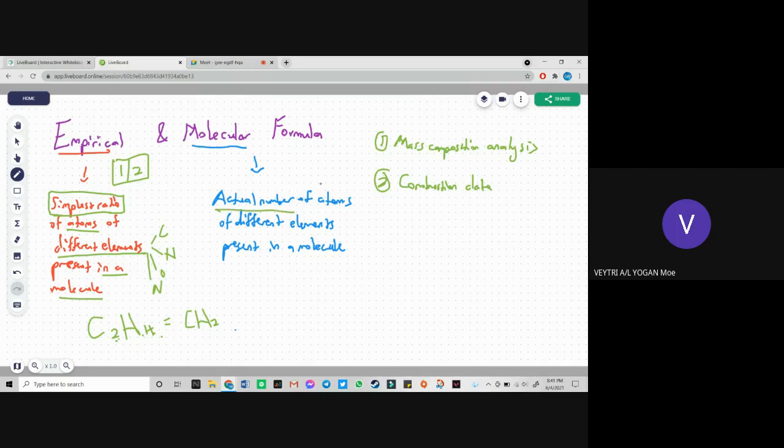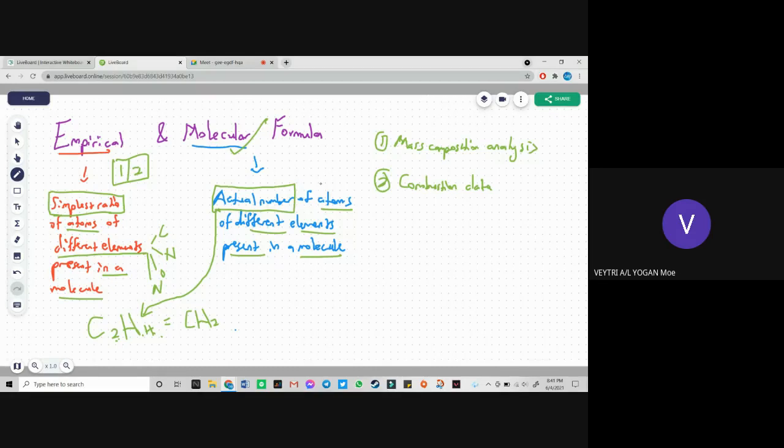Molecular formula is the actual number of atoms of different elements present in a molecule, which literally means in a molecule, no matter how many different types of elements, no matter how big the number is, you have to maintain it. Now, in this case, the molecular formula is still C2H4. No simplification is required to find the molecular formula. Please bear that in mind.